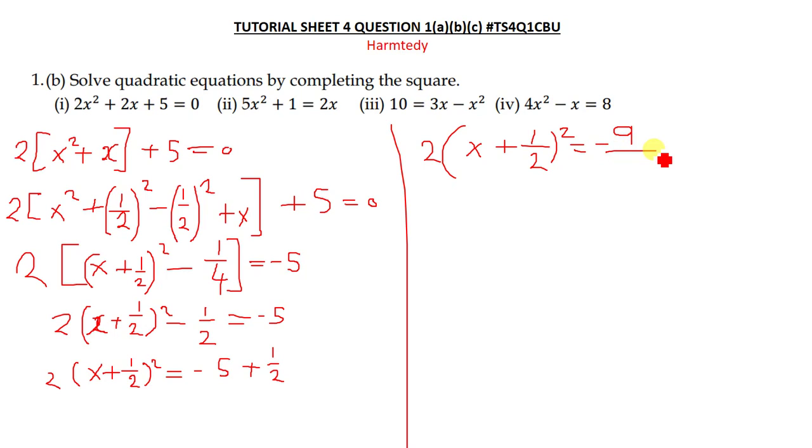Then everything over 2. So from there you can now divide by 4, divide by 2, divide by 2 on both sides. So you are going to have something like this.